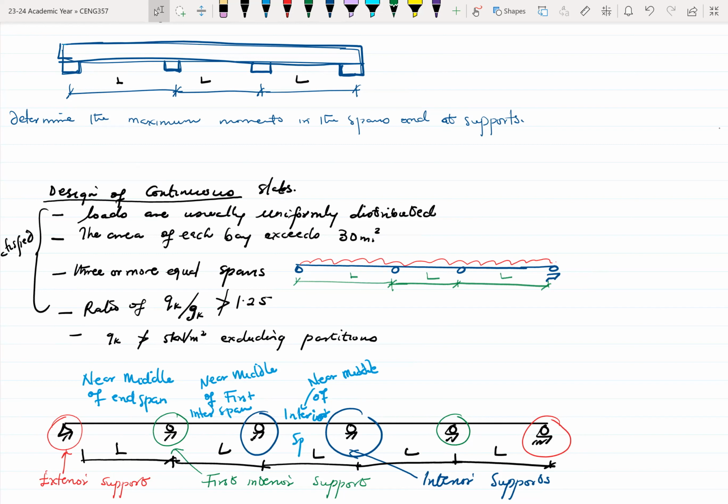So these are the things that we need to take note of so that we can use an easier approach when determining these types of slabs. I keep saying beams, but at least it's slabs.